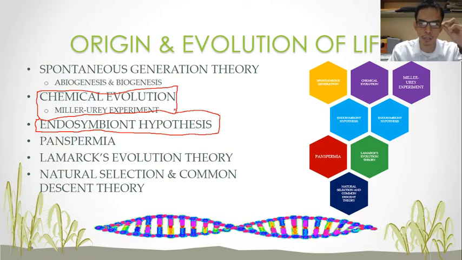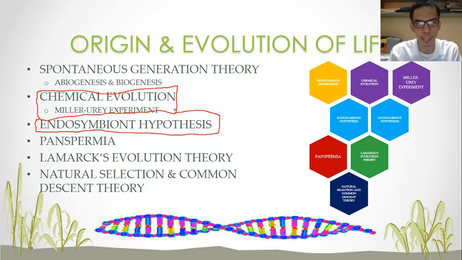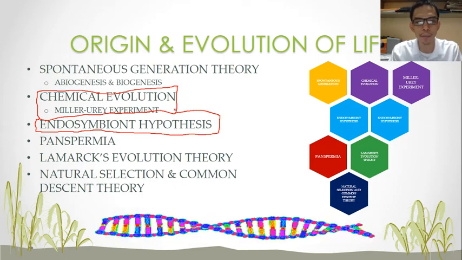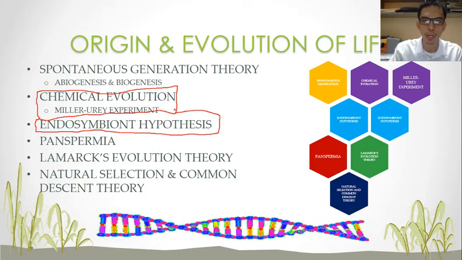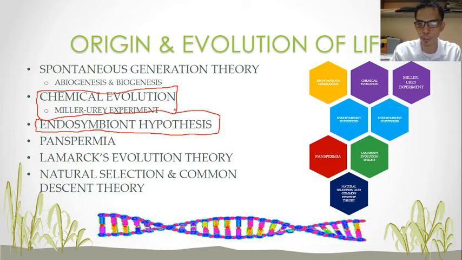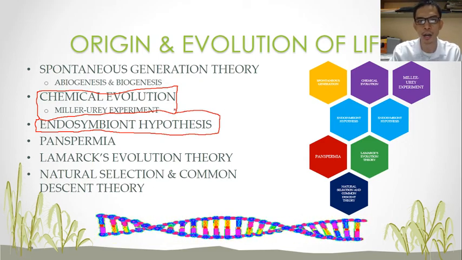According to some studies, the chloroplast and the mitochondria have their own DNA, aside from the one that is found in the nucleus. So meaning to say, it has something to do with their origin. That's the reason why those chloroplast and mitochondria contain their own DNA.